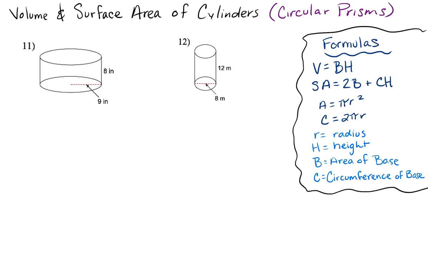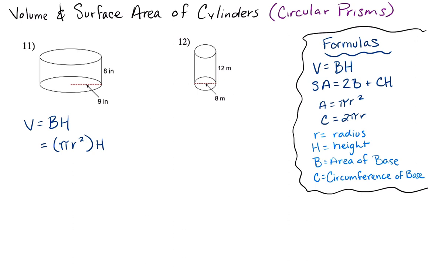So the formula to find area of a circle is pi times the radius squared, and then we multiply that by the height. So volume equals the area of the base times the height of the cylinder. Rewriting a little bit, B is rewritten as pi times r squared, and all of that is multiplied by the height.